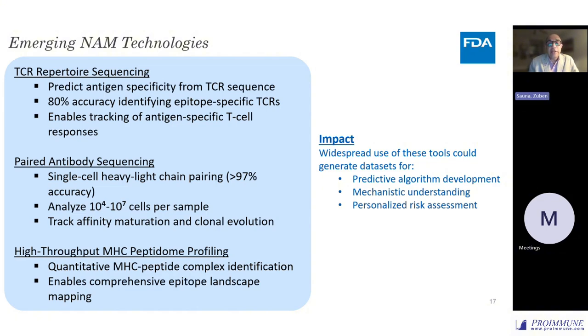And the widespread use of these techniques could generate data sets for predictive algorithm development and not only improve mechanistic understanding of immunogenicity, but create personalized risk assessments for patients when these are brought to scale, and the cost can be brought down to a reasonable amount that can be used routinely in drug development and in the clinic.